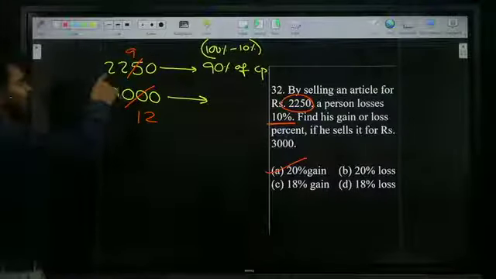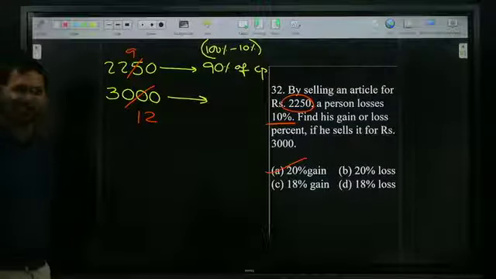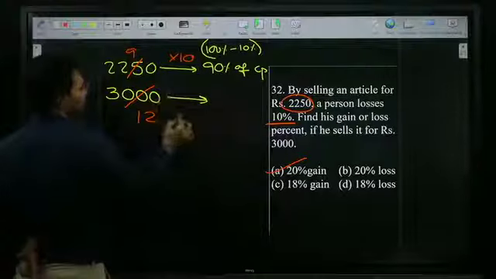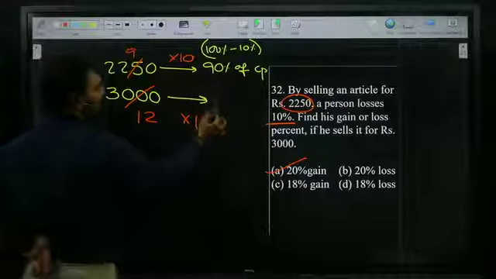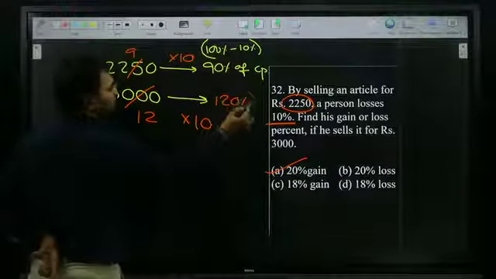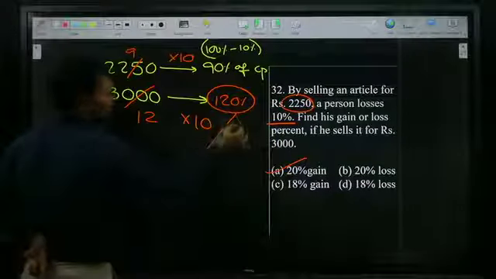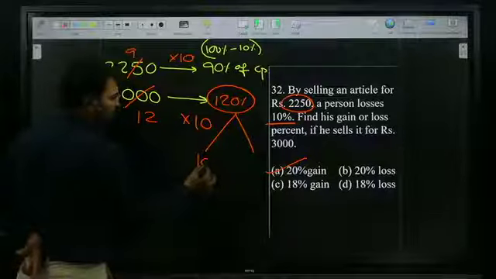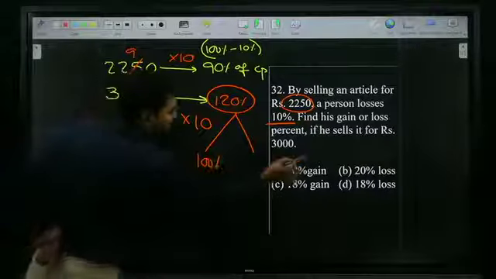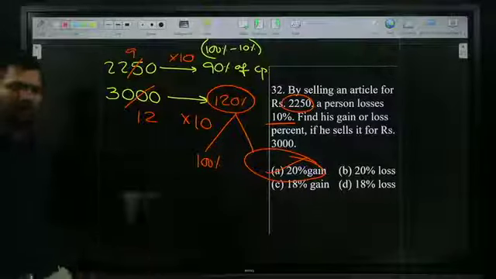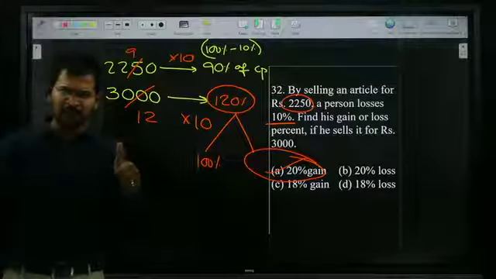So 9 times 10 is 90, and 12 times 10 is 120. So 120%, and with 100% CP, that is a 20% gain. So your option is A. Option number A is the right answer. All of you understood? Very good.